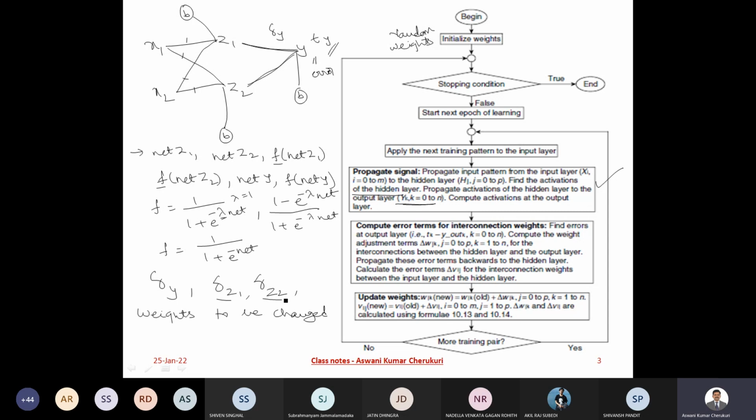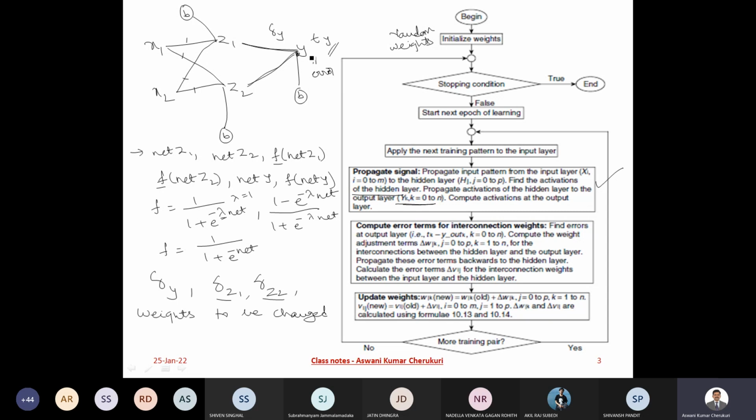Of course, I have not said how these calculations and weight formulas work, but the process is this. Sir, can you explain the last point once more? Yeah. So what we said was, for every node at the output layer, first we calculate the error term.